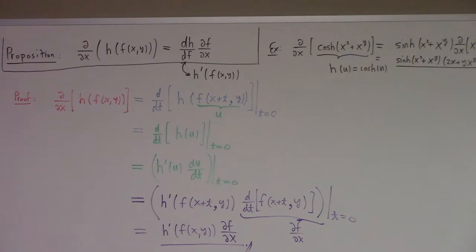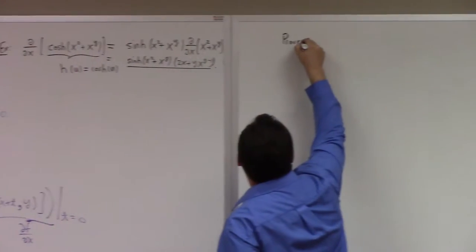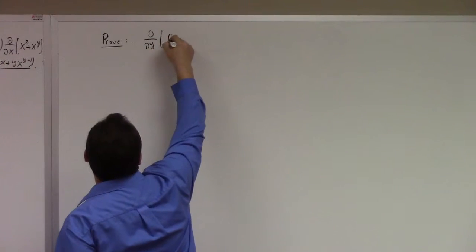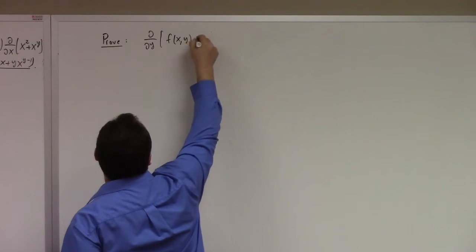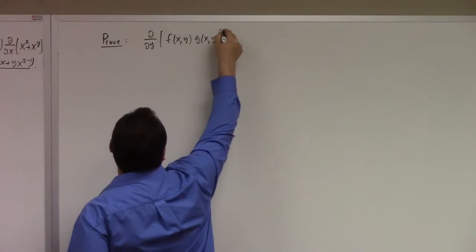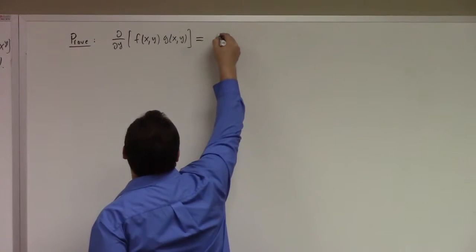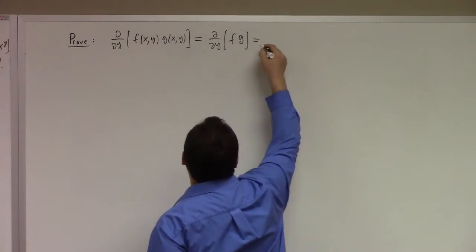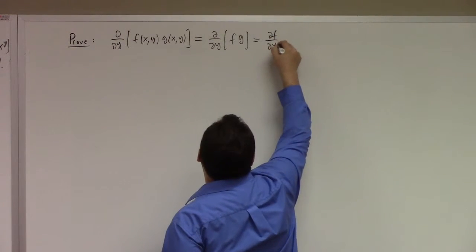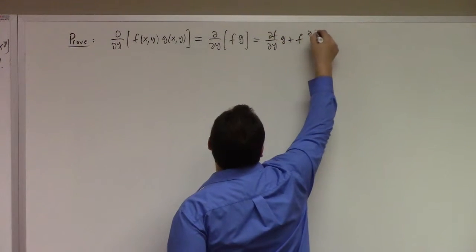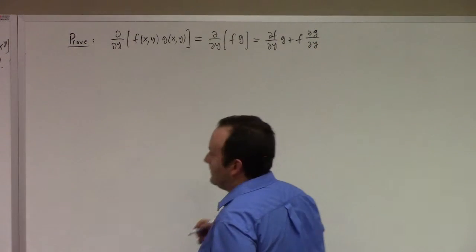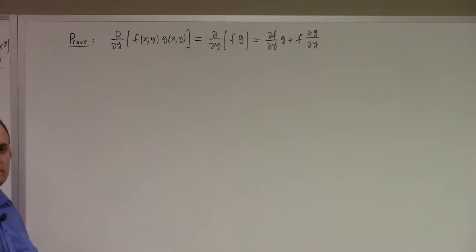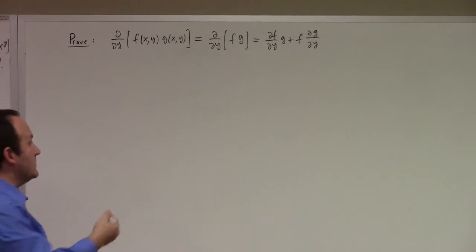If I wanted to prove, for example, that partial y of f of x comma y times g of x comma y, or as I usually just denote, partial y of f times g, is partial f partial y times g plus f partial g partial y, how would I do that? Let me not write it out; let me just give you a sketch.